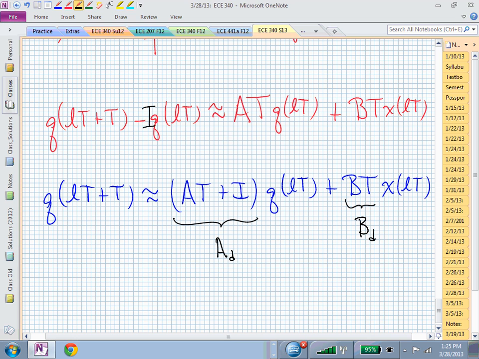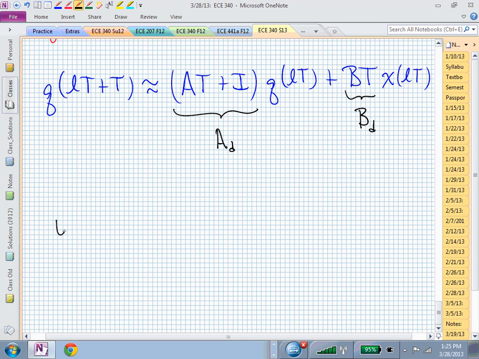What's my output equation? I can sample my output exactly at the same instance that I'm collecting all of these states and the inputs at those instances. Y was just C x of t, or C q of t.